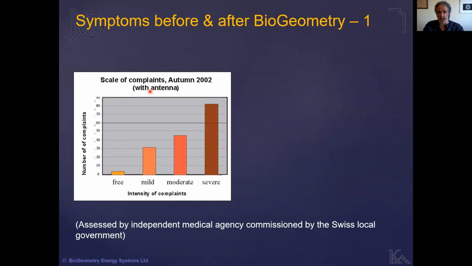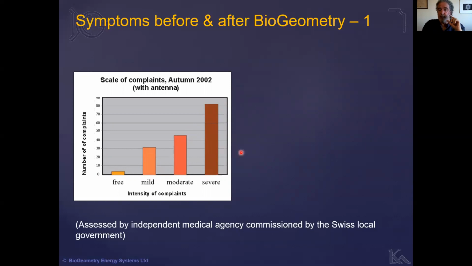So what you're seeing here is a result of what happened after the antenna was installed. A larger number had mild symptoms, an even larger number had moderate, and very important, look at how many people actually reported severe symptoms. Remember, these are being interpreted by a medical agency, by doctors.